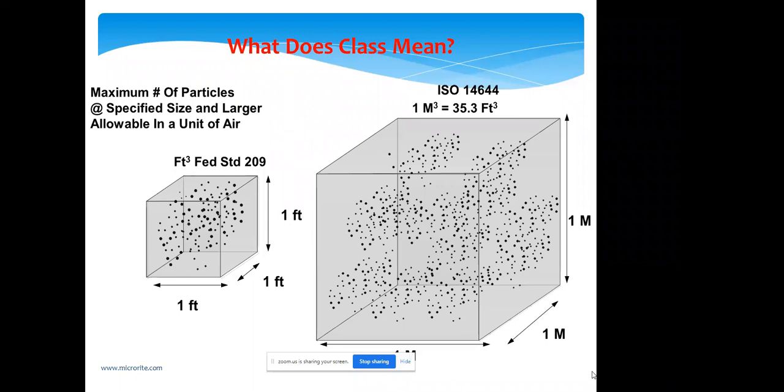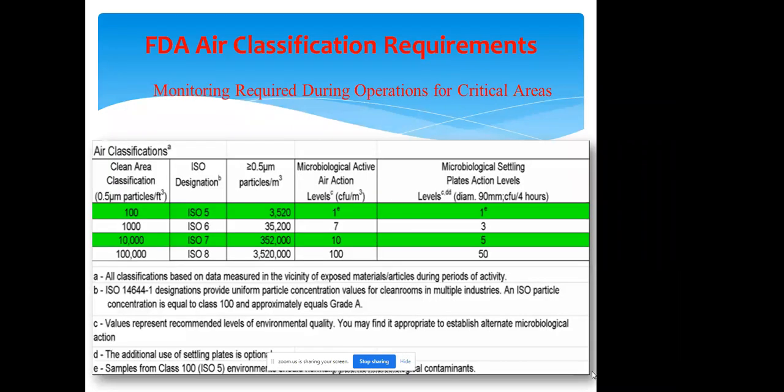And in the newer terminology, you have a 1 cubic meter box with more than 30, up to 3,500 particles in that cubic meter box. So I have a chart here that will show you the different kinds of classes.